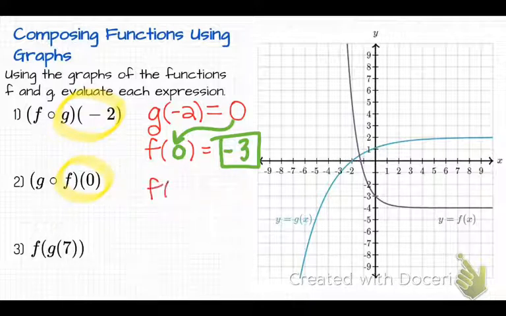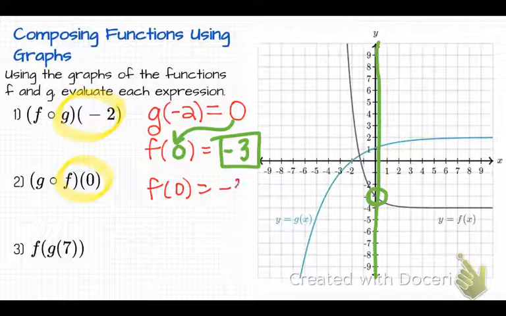So I need f of 0 equals some number. So again, x equals 0 is this vertical line. That's the y-axis. And which graph am I looking at? The purple one or the blue one? Purple. So that's still -3. It's the same as the last part, okay? And it just happens to be that they're the same.